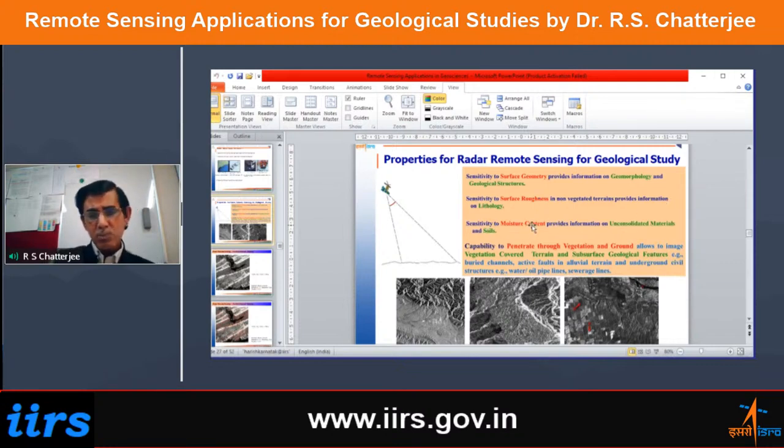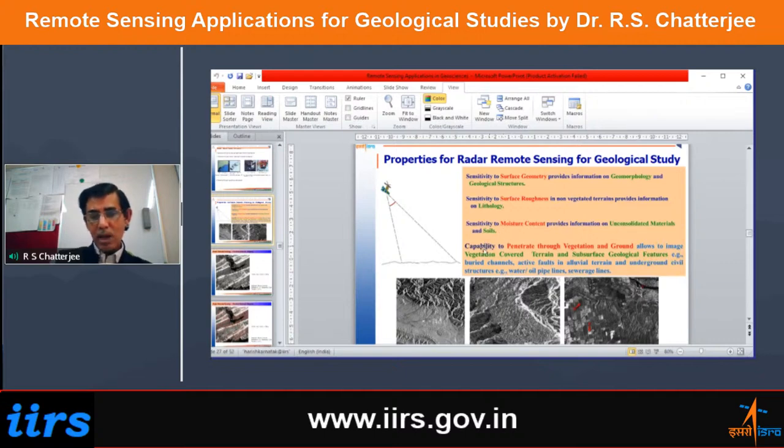It is very sensitive to soil moisture, or moisture content, or the dielectric property of the materials. So it is very important for identifying unconsolidated material like alluvium and soils, and in geological applications, particularly the identification of altered zones can be done very nicely.